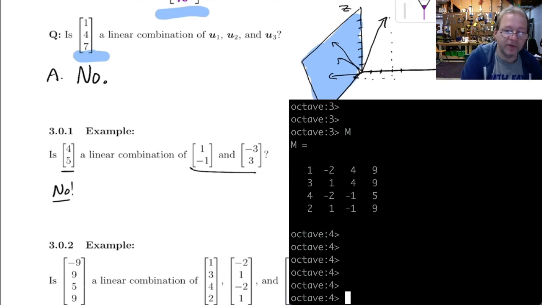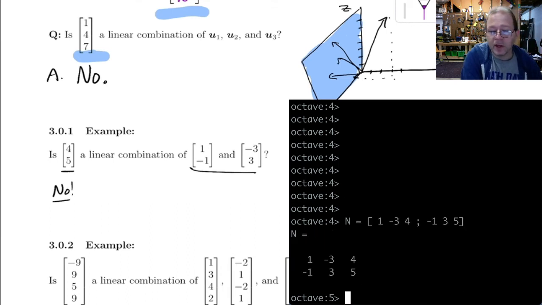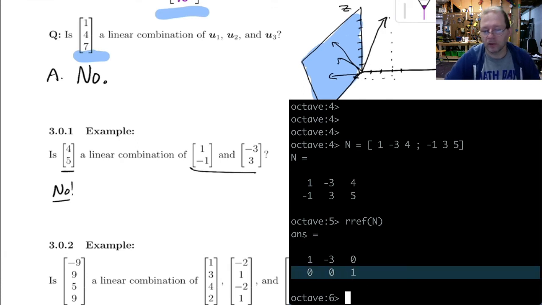Yep, that's a preview from an upcoming problem. Get that out of here. I'm going to call this matrix N. Let's see, we've got 1, negative 3, 4, then negative 1, 3, 5. And when you row reduce this, you get this 0, 0, 1.